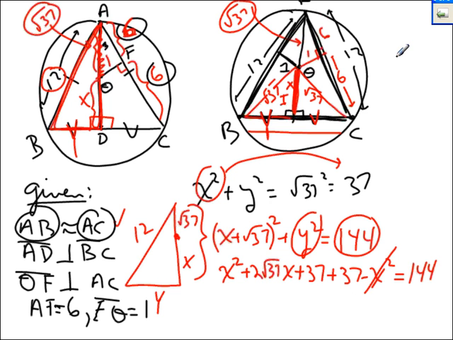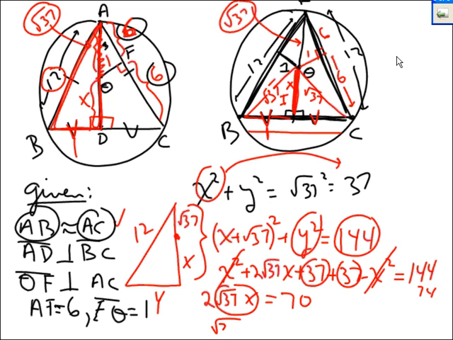The first thing is x squared minus x squared is 0. So I have 2 square root of 37 x plus 37 plus 37, which is 74. When I take it away from the other side, I get 70. So that must be 35. 2 times 35 is 70.